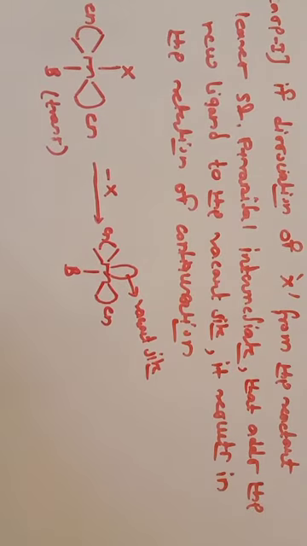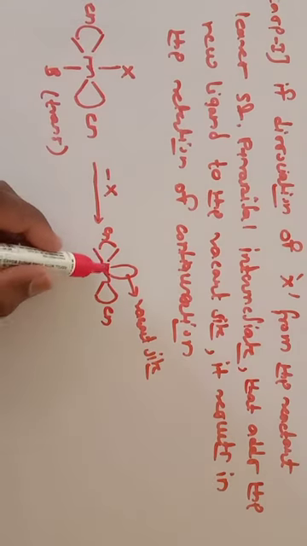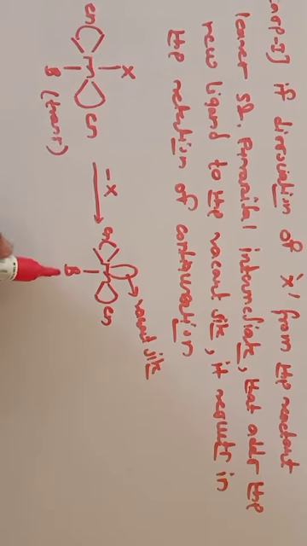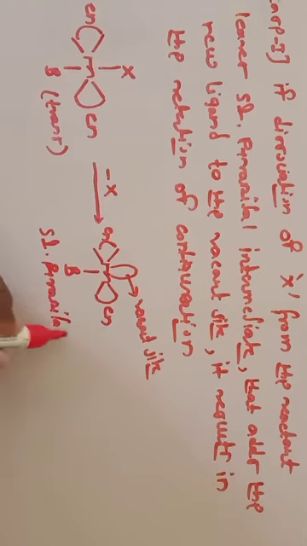And we already discussed, whenever there is a square and you consider this geometry, it is like a square pyramidal geometry. So this is your square pyramidal intermediate, and whenever there is a square pyramidal intermediate, the incoming nucleophile directly attacks this vacant site, and we get retention of configuration.